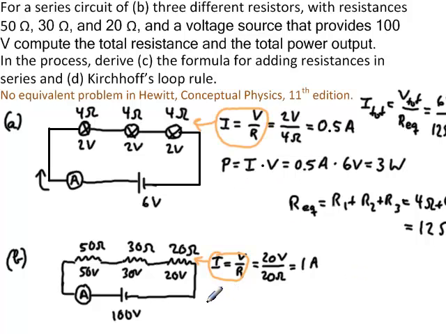And that means that the total power is 1 amp times 100 volts, which is 100 watts. Okay, so 100 watts is what the total power is.